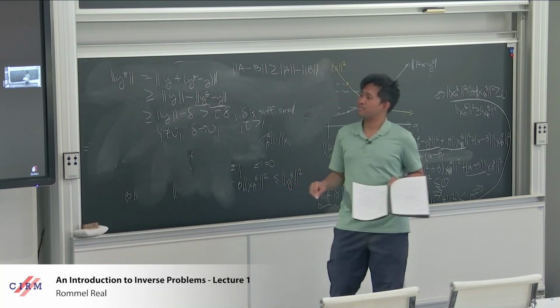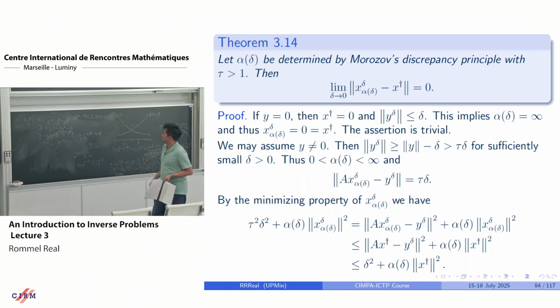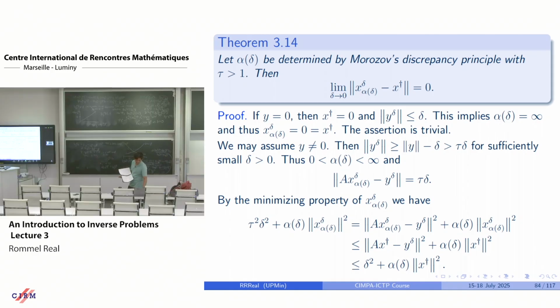And then from the discrepancy principle, this must imply that the regularization parameter alpha delta is finite, and therefore we must be able to find a regularization parameter alpha of delta where the residual with respect to the regularized solution is equal to tau times delta.